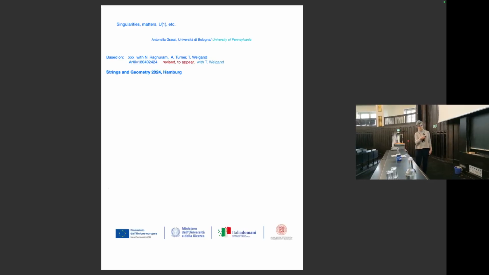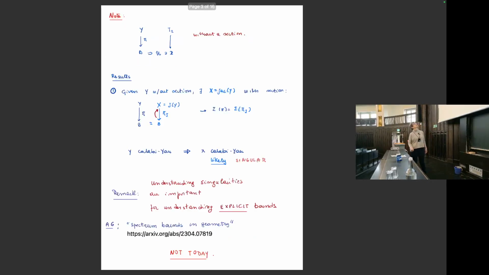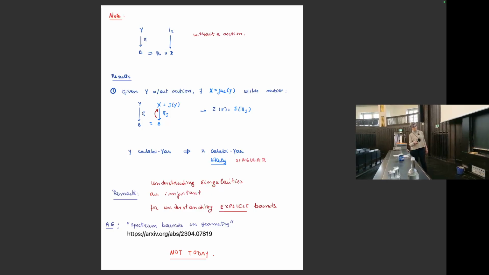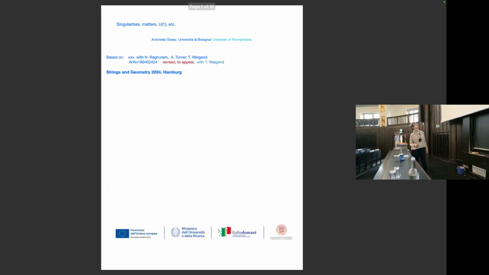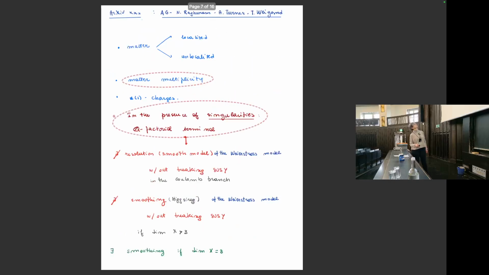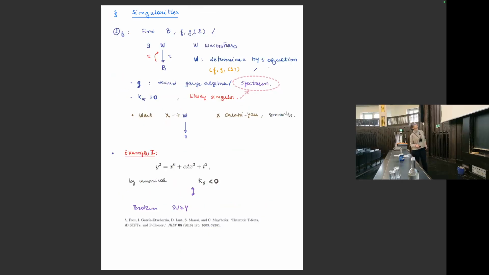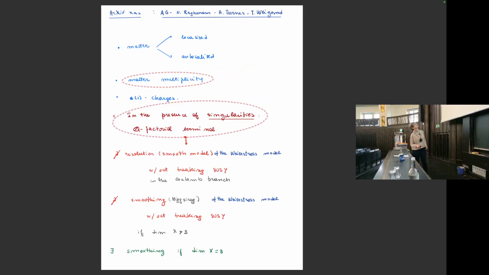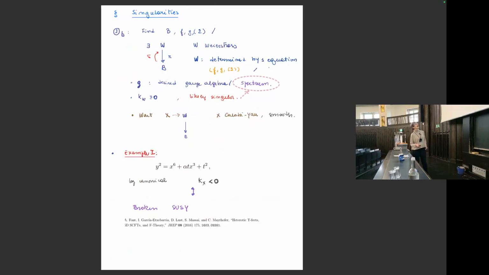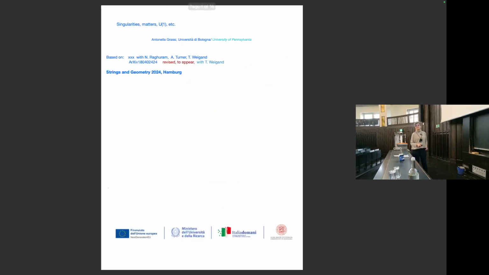I think there is a slide missing. Oops. But we'll do. I'll improvise. We tried many things.